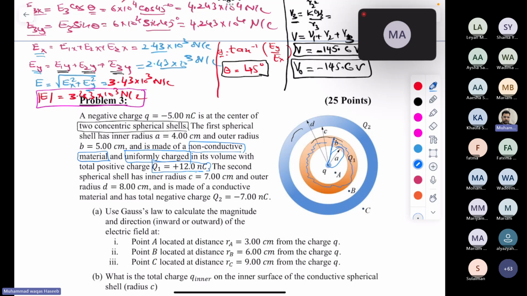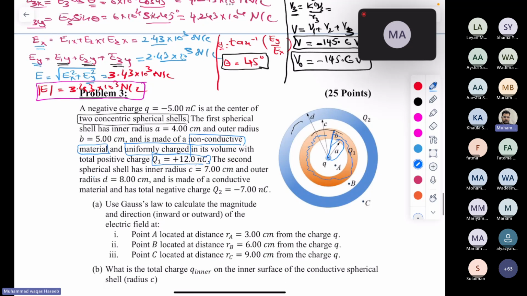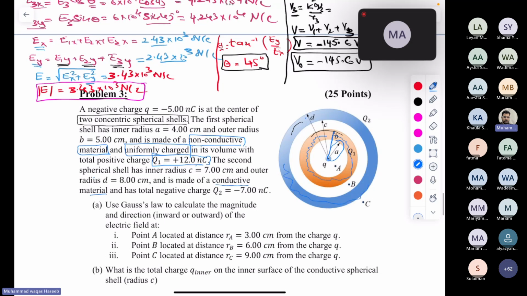Then you have the second spherical shell, which has an inner radius C and an outer radius D, and it is made of a conductive material. It has a total negative charge of -7.